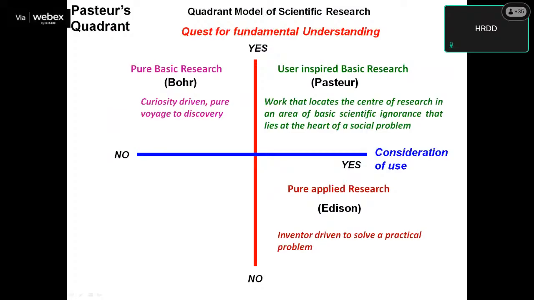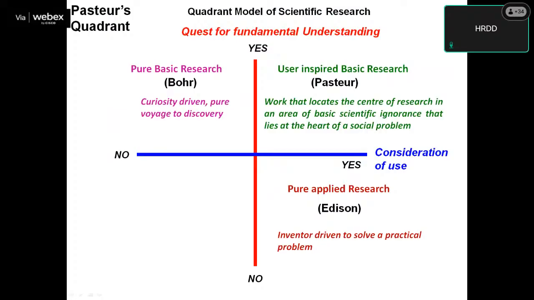But if there is a combination of both, which most of you will do here in this department, they are concerned with applied research. So there will be application, and you will apply your fundamental knowledge to it to solve a problem. Yes, there is fundamental understanding as well as use or application to society.